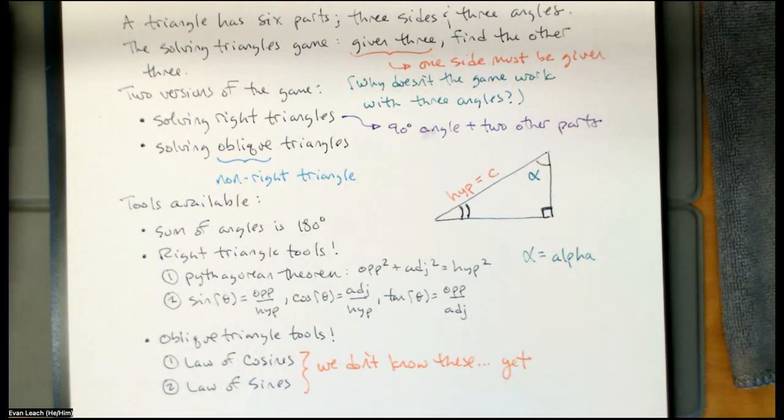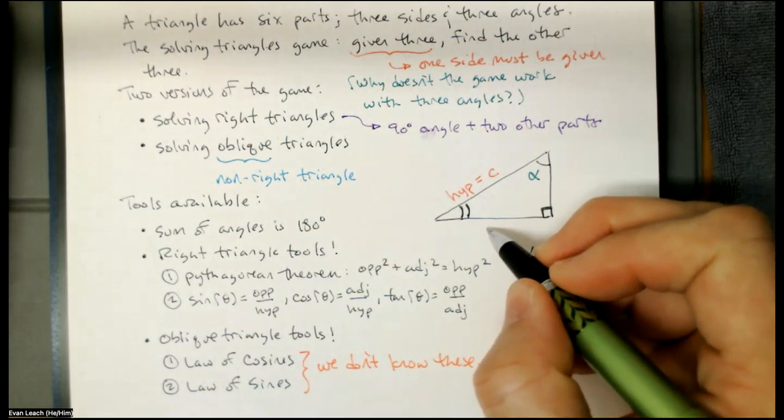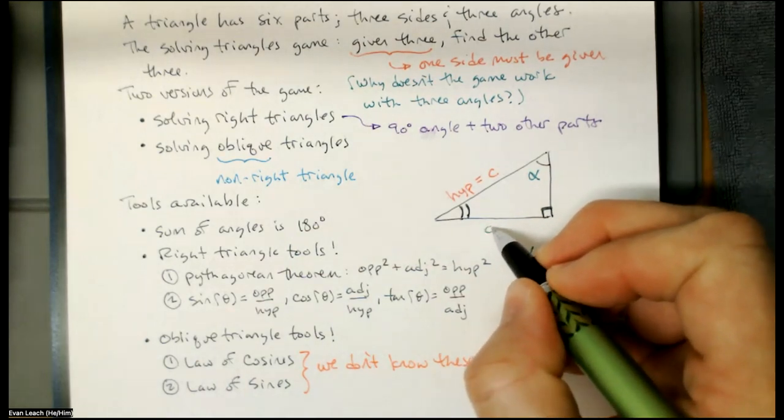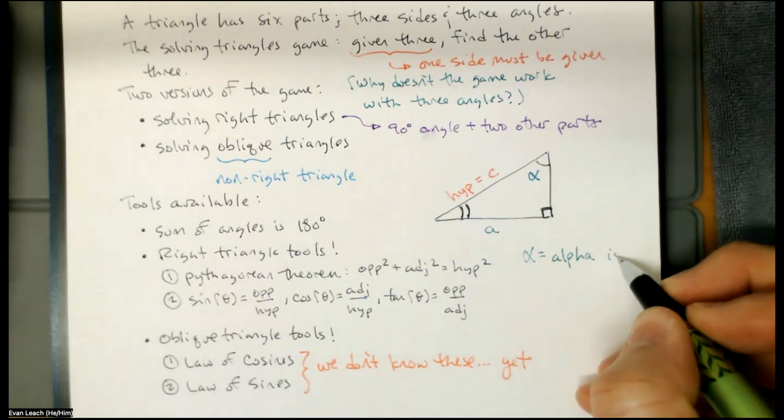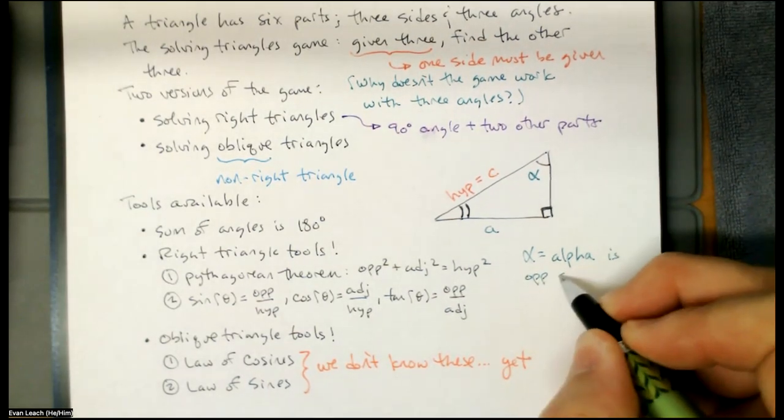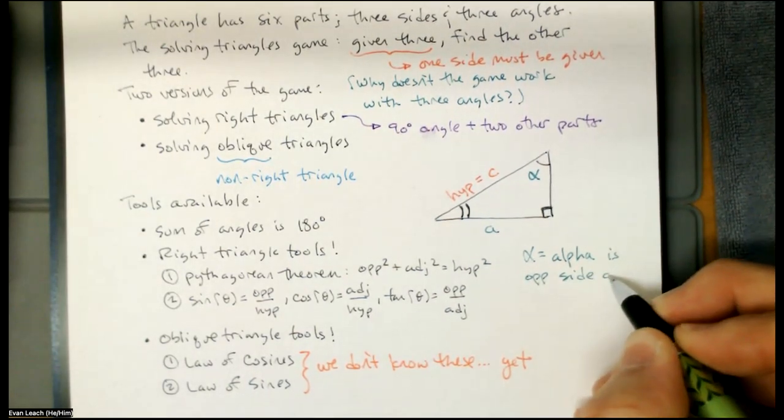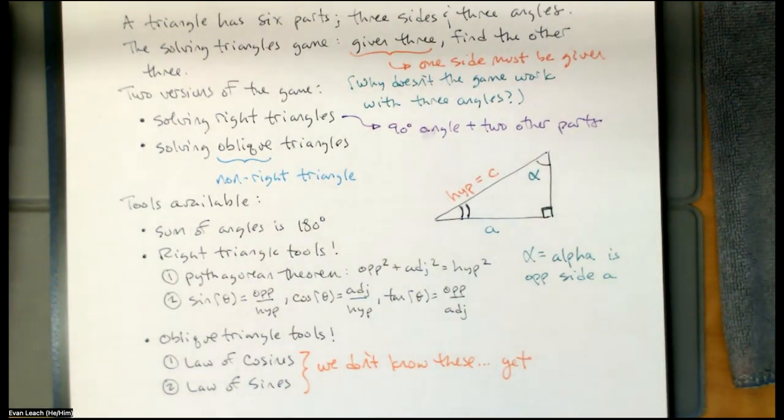I'm going to associate alpha with one of the sides. I'm going to refer to the side opposite alpha as side a. So angle alpha will be opposite side a. Alpha and a go together as an opposing pair.